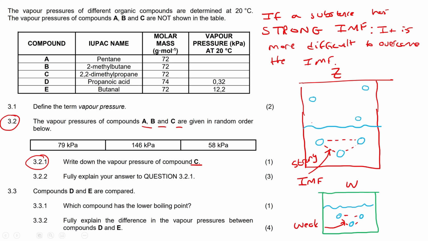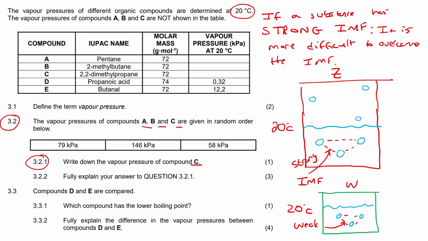Because these are weak, will it be easy or difficult to get them into the gas phase? It'll be very easy. So let's say both of these containers are next to each other in a room, and the temperature in the surroundings is 20 degrees. That 20 degrees is a form of heat energy. With that 20 degrees, will we be able to create more vapor with this system or with this system?